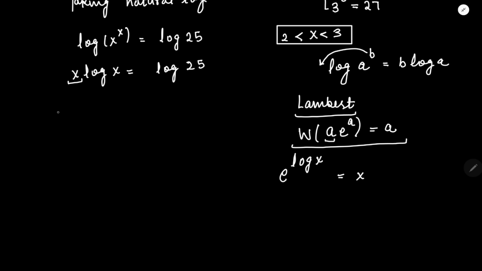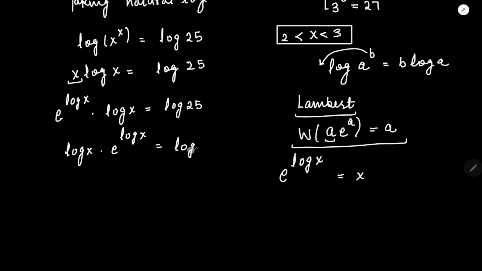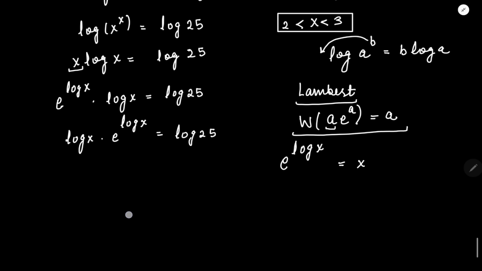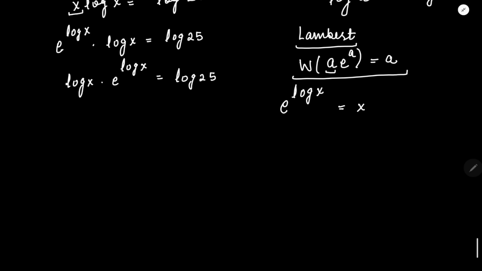This x can be written as e raised to power log x times log x is equal to log 25, right? Log x I will write here and then e raised to power log x here is equal to log 25. Now if you see this, I have this kind of expression only, something here, and the same thing is in the power of e.